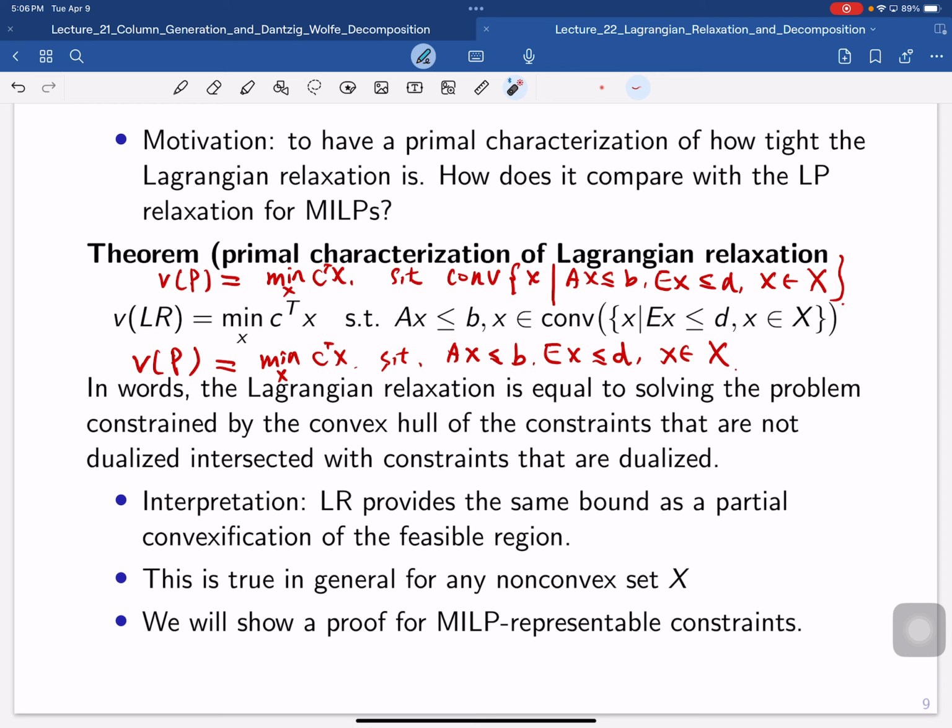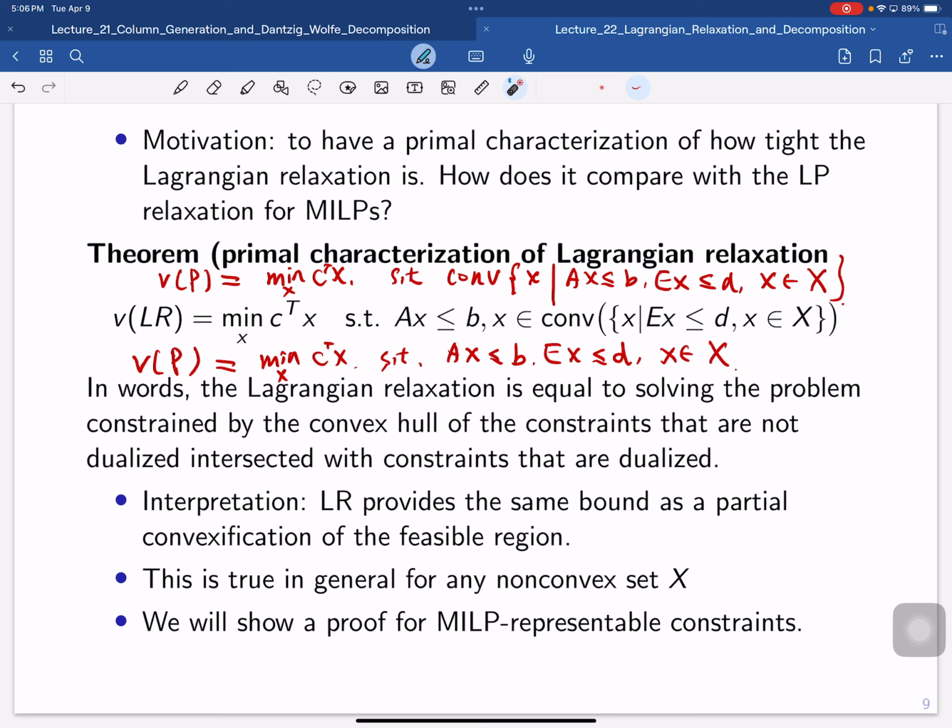Right? Because with the dual variable, you still have to characterize what the optimal dual variables are and so forth. It's very hard to intuitively view how strong this bound is, right? So the idea of the primal characterization is to say, I don't care about what the optimal dual variable is. I just show you in terms of the primal variables how strong this Lagrangian relaxation is.